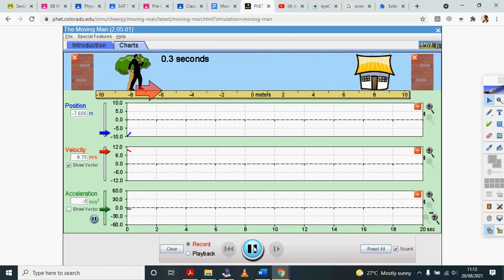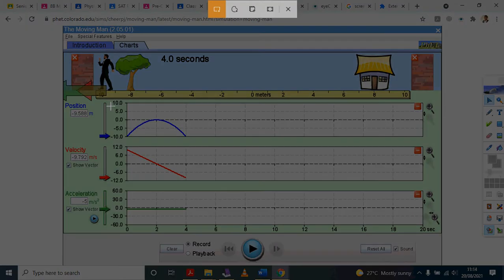Remember to pause this guy just before he hits the wall. If you click show vector, it will help you see what's happening in each case to the velocity and acceleration. So I'm going to pause him just before he hits the wall. Perfect. And I will do the clippings. Remember Windows Shift S. Take a clip of the position time graph.